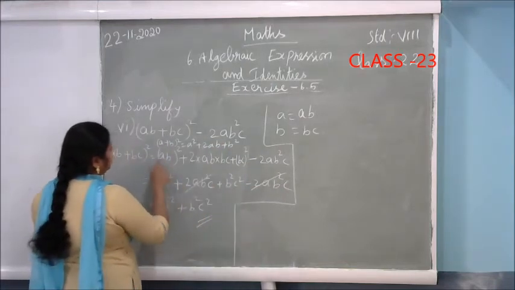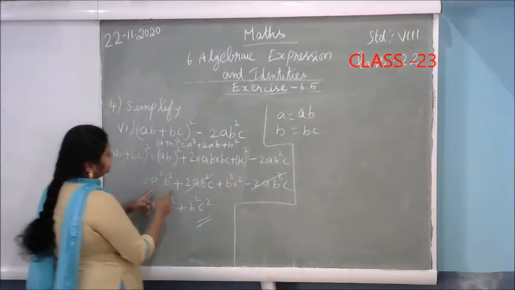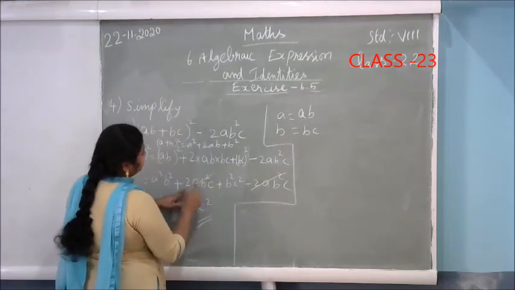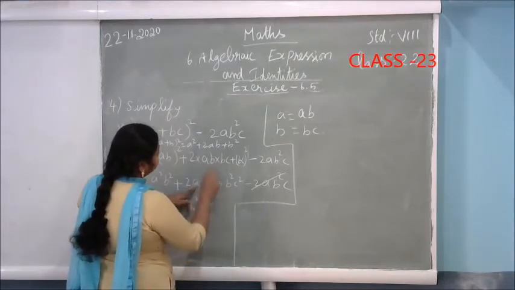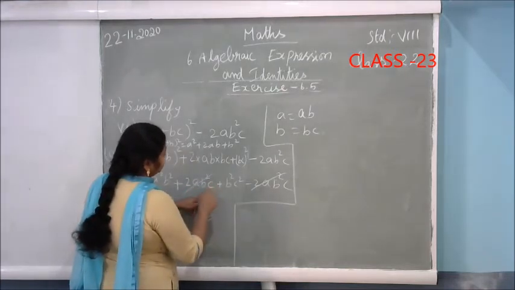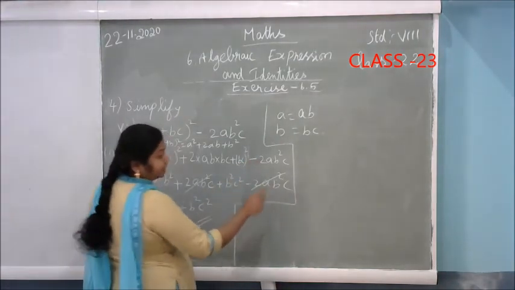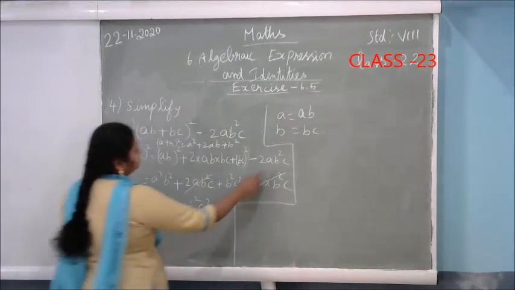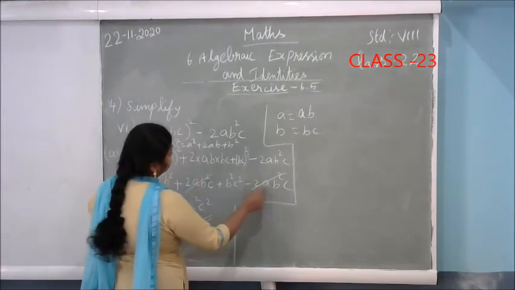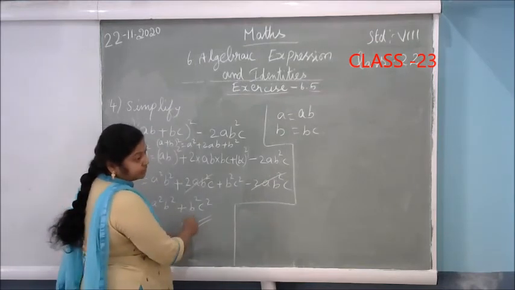Now simplify: (ab) whole square is a squared b squared. Then 2 into ab into bc: a will come, b two times, so b squared, and c one time. Plus (bc) whole square is b squared c squared. Afterwards you write this term. If you check, plus 2ab squared c is there and minus 2ab squared c, both will get cancelled. At last you will get the answer a squared b squared plus b squared c squared.